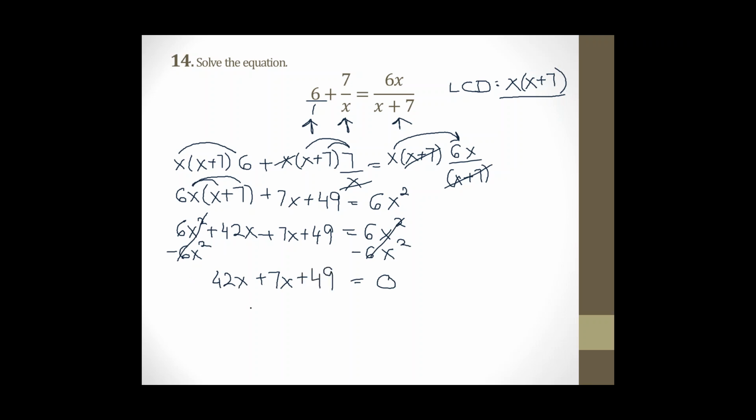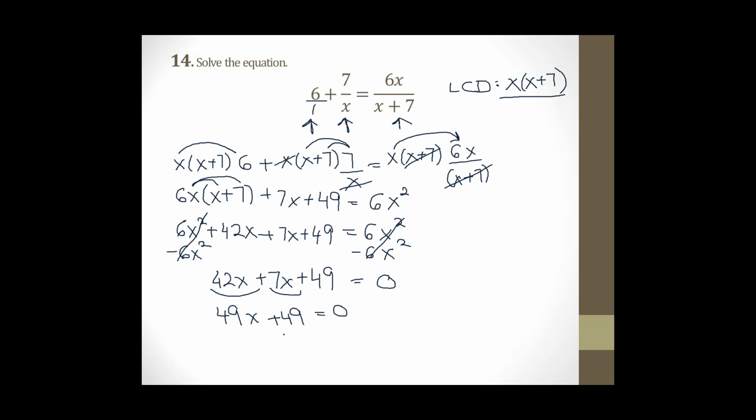They are like terms. Okay, so this doesn't look like a factoring problem anymore, but I can combine these two. So 42x plus 7x is 49x plus 49 equals 0.